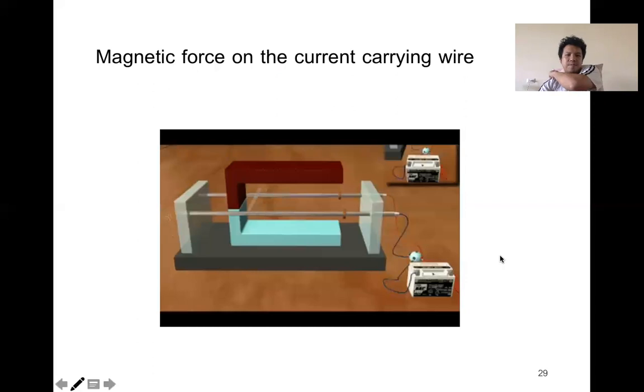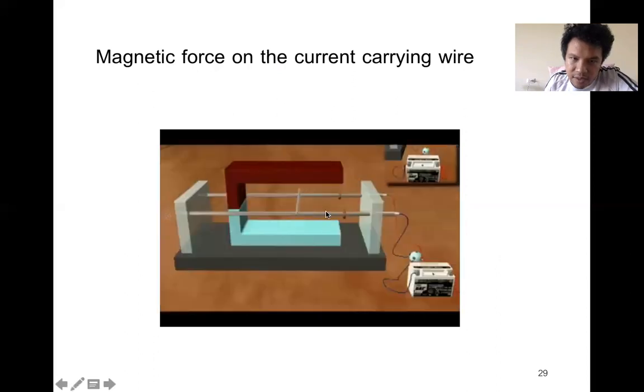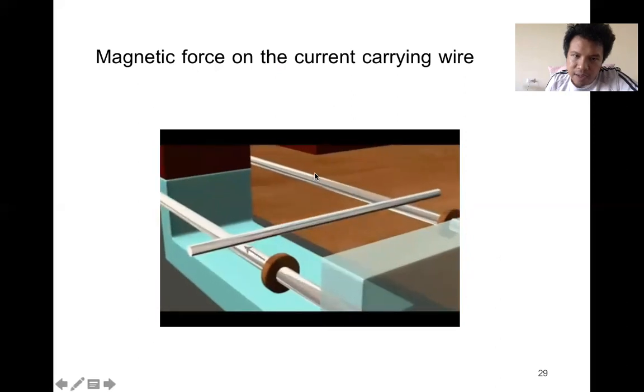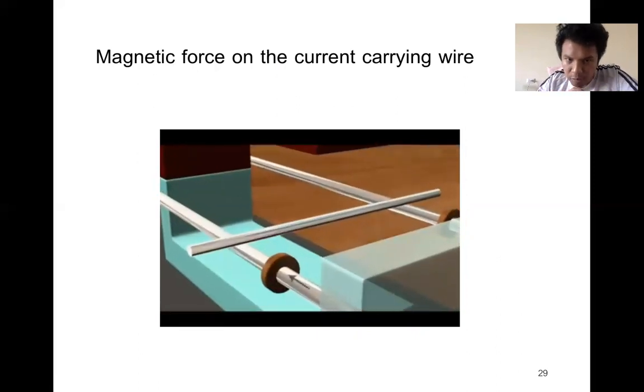Okay, so this is the example case. Here you have the current moving in this direction, and it is within the magnetic field coming in a downward direction, from the North Pole to the South Pole.